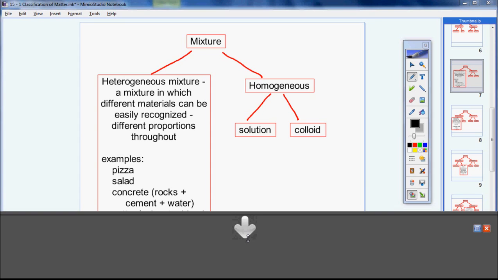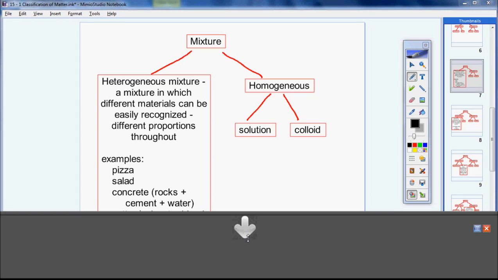The water will evaporate and leave behind the rocks and cement, but there will be a certain amount of water in concrete for many, many years. I had heard it said that 100 years later there's still a little bit of water left, and it's not completely set for 100 years. Now it will be very set, but it won't actually have all the water out of it for all that time. So concrete is a mixture.